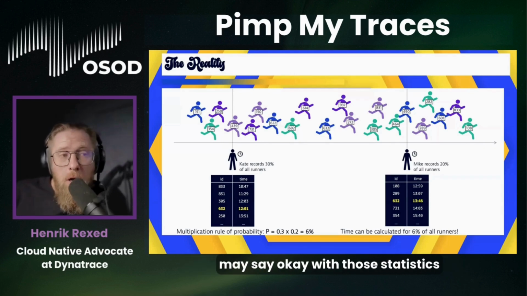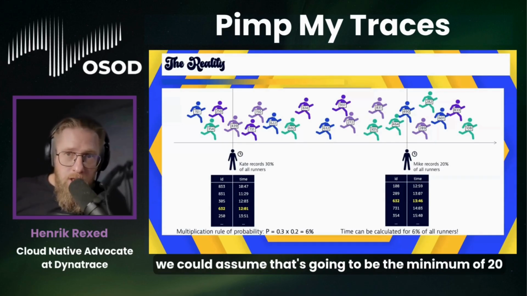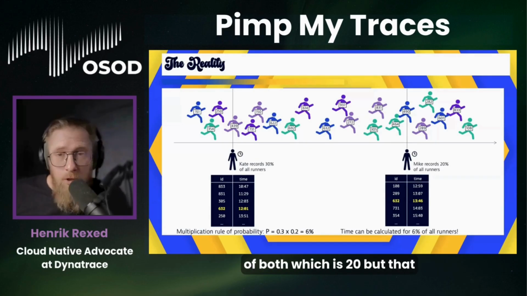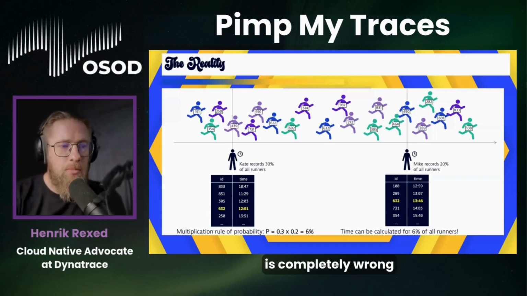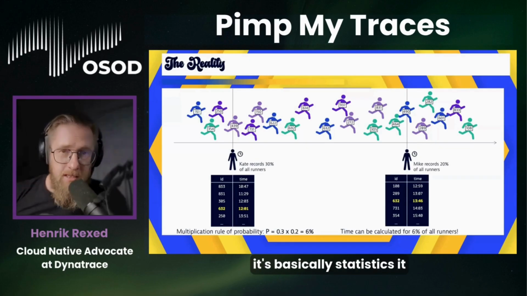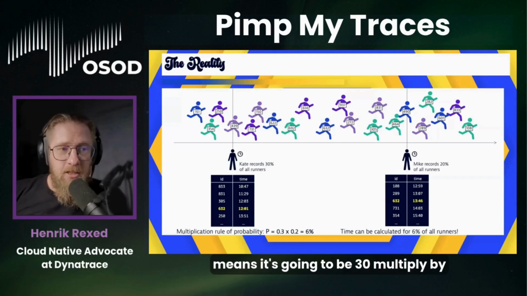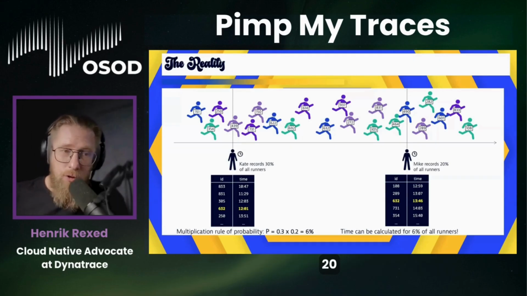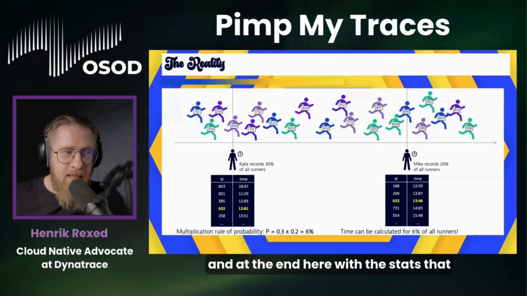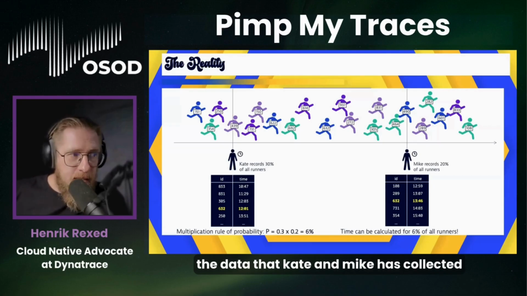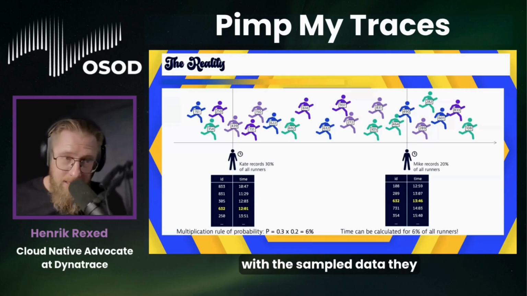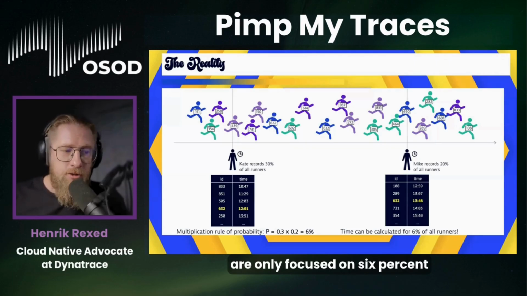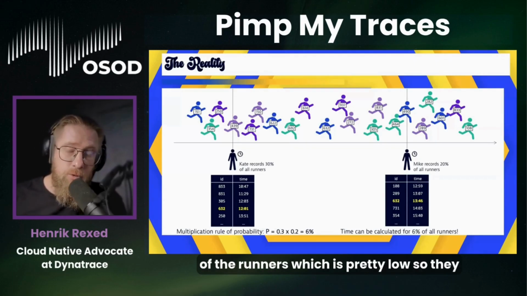So we may say, okay, with those statistics, we could assume it's going to be the minimum of both, which is 20%. But that is completely wrong. It's basically statistics. It means it's going to be 30% multiplied by 20%. And at the end, with the sampled data that Kate and Mike have collected, they are only focused on 6% of the runners, which is pretty low.